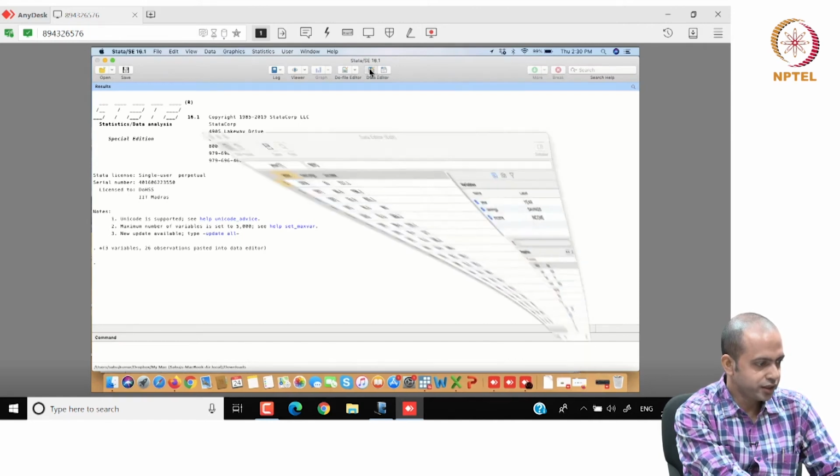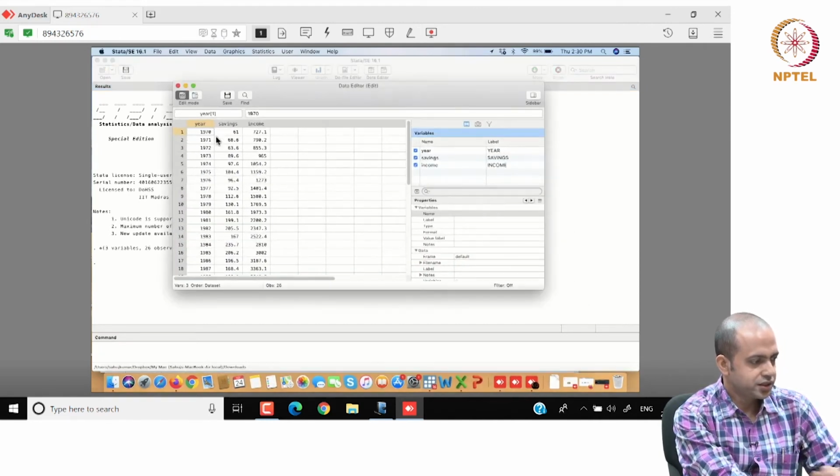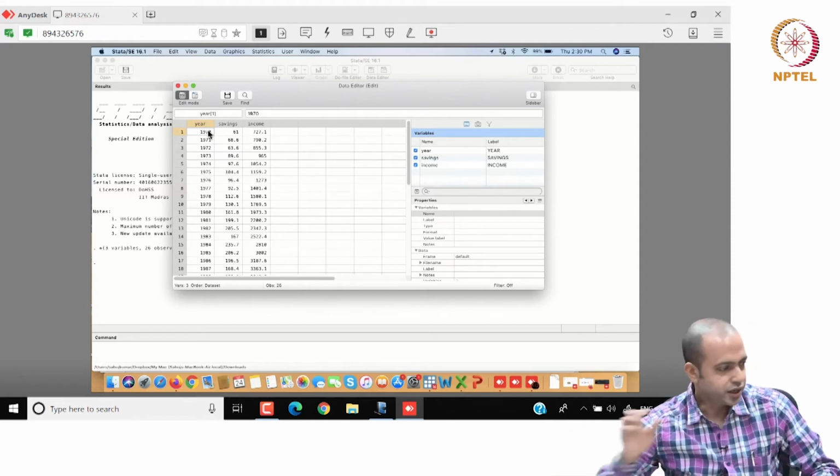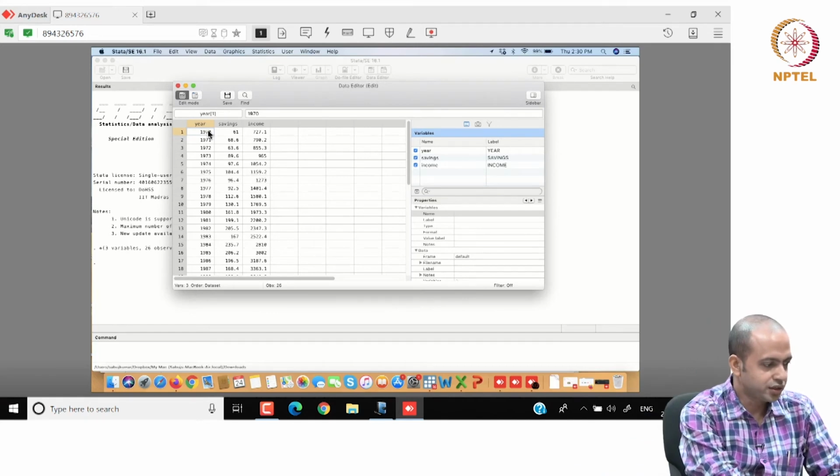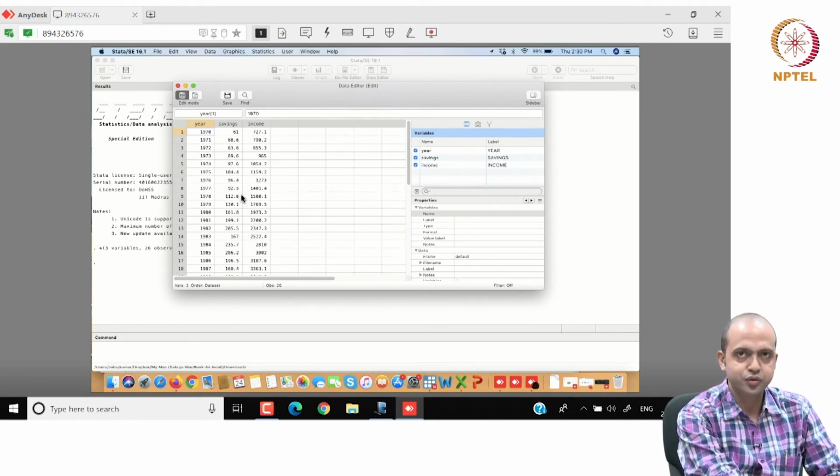If you click here, then you can see the data. This is the data from 1970 to 1995, where we have the savings income relationship. We have only two variables here, the dependent variable is savings, which is a function of income.